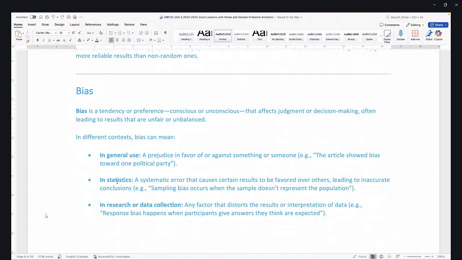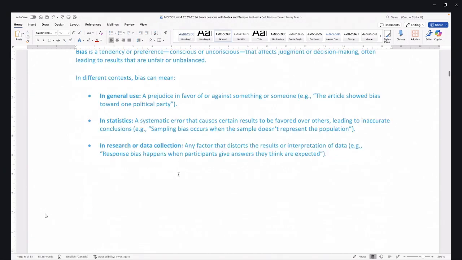So if I only survey those, then the results are going to be biased. I might predict that the conservatives will win the election, and I might not be right because I only interviewed people that I know would give me the answer that I was looking for. Okay, so you need to guard against that so we don't end up in a situation like that.